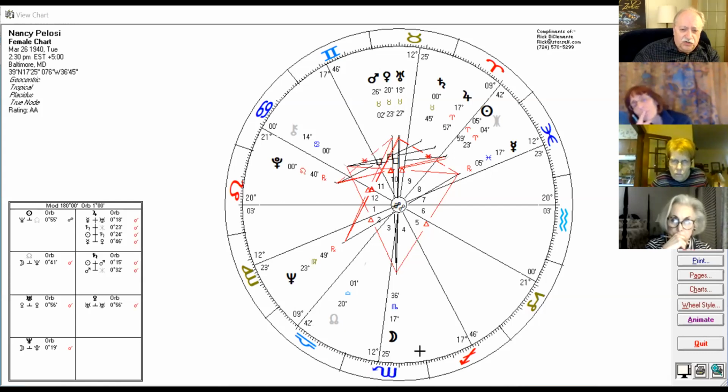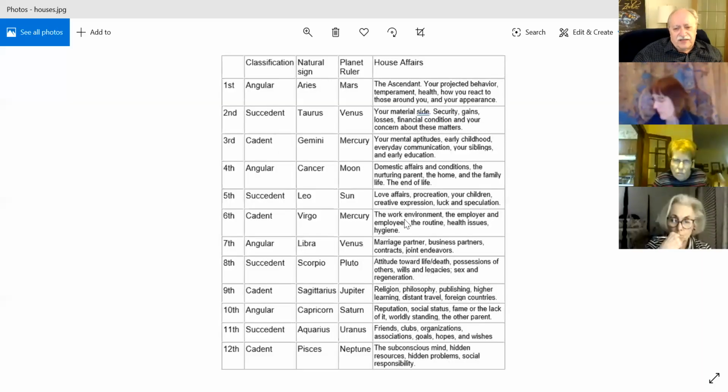So when your fourth house is involved, what the books say about your fourth house is that domestic affairs and the conditions, the nurturing parent, the home, the family, the end of life, all those things can come into play. To me, when I see the fourth house, these are things you want to keep close to home.